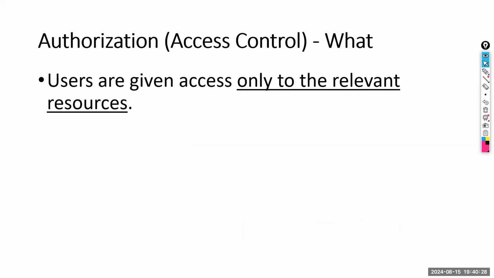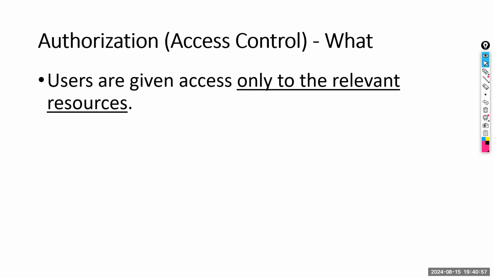Right. So next one is authorization. Authentication, authorization. Authorization means you allow a particular user to access only the relevant data. For example, in a supermarket, you may have seen that cashiers can enter items, but they can't remove items.